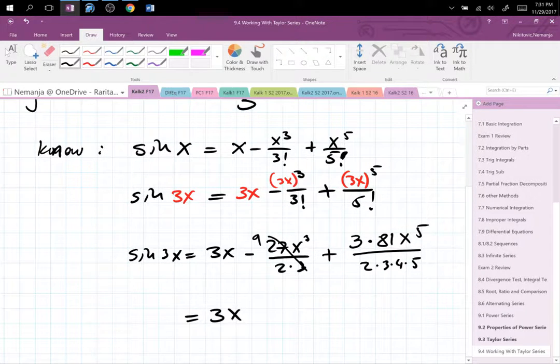So this is 3x minus 9/2 x cubed plus 3 and 3 cancels, and I have 81 over 60 x to the 5.